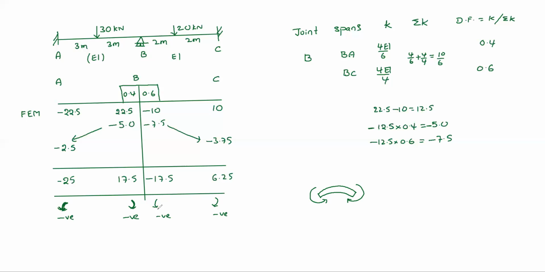So hogging means negative moment. Sagging means like this, opposite. The sign convention of hogging and sagging: left anti-clockwise, right clockwise is hogging moment. Hogging means negative moment. Here also left anti-clockwise, right clockwise is hogging moment.